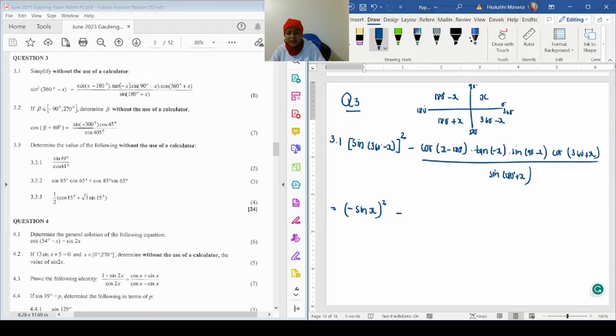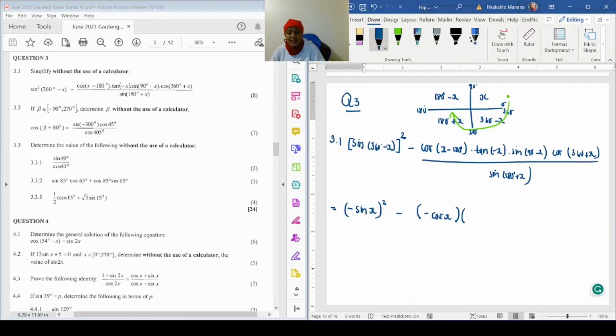So basically, if you have x, you are starting here. And now instead of going plus 180, like we're used to, you're basically going to go minus 180. So you're landing in the third quadrant, and cos is negative in the third quadrant. So you're going to put negative cos x.